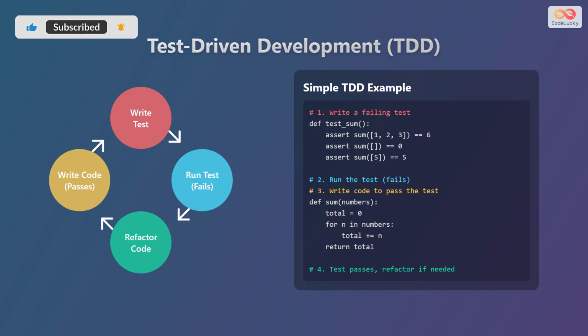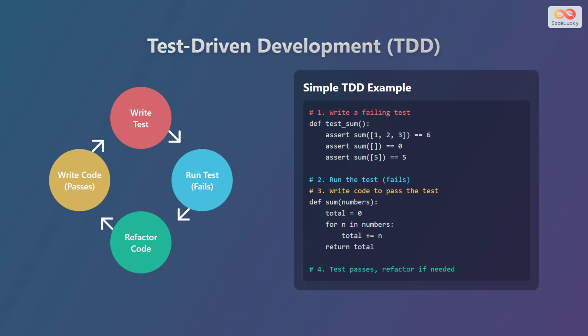A simple TDD example. First, write a failing test. Here's an example in Python. def test_sum(): assert sum([1, 2, 3]) == 6. def test_sum(): assert sum([]) == 0. def test_sum(): assert sum([5]) == 5.